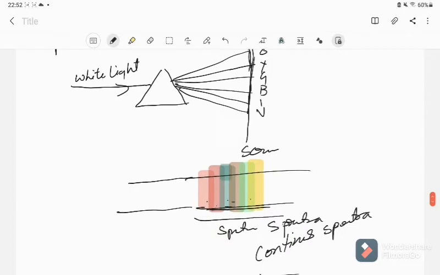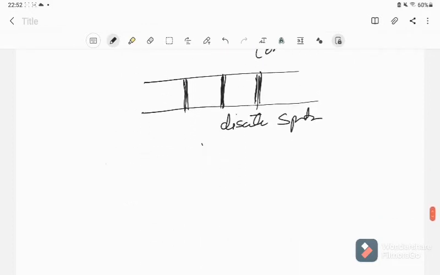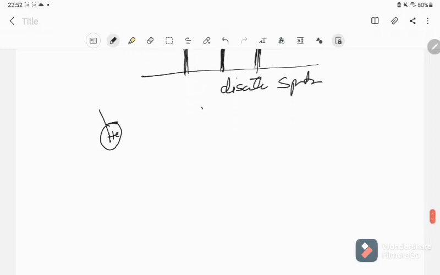Now suppose in a glass there are atoms, like helium atoms, helium is a gas. So helium gas is there, which means we are taking atoms.